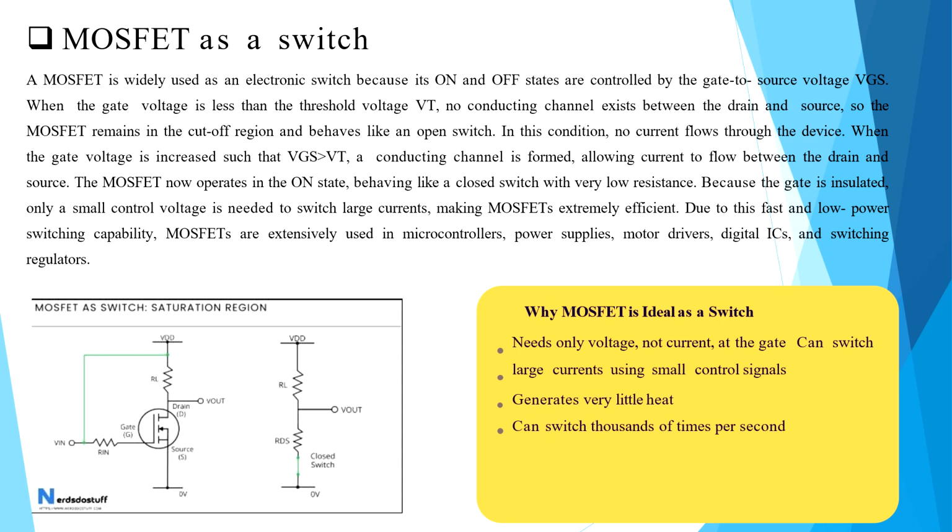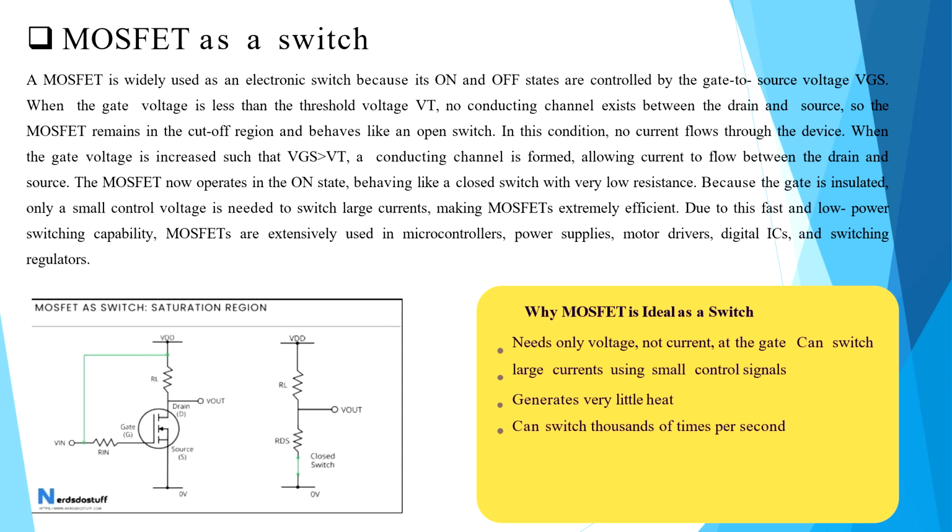Because the gate is insulated, only a small control voltage is needed to switch large currents, making MOSFETs extremely efficient. Due to this fast and low power switching capability, MOSFETs are extensively used in microcontrollers, power supplies, motor drivers, digital ICs, and switching regulators. By that procedure, a MOSFET works as a switch.